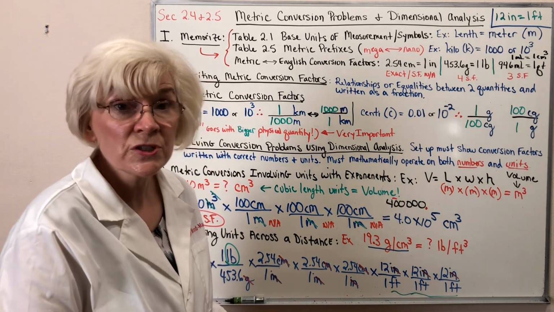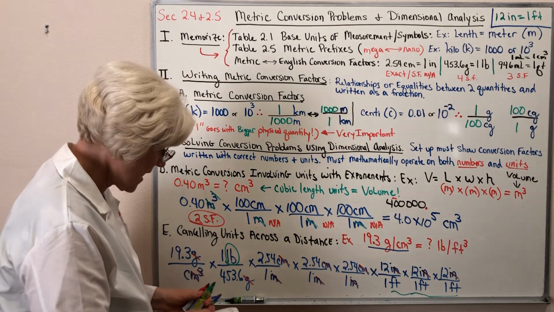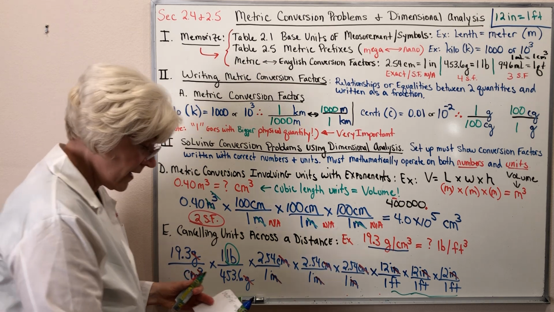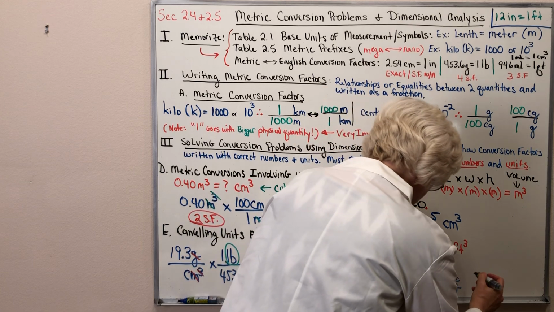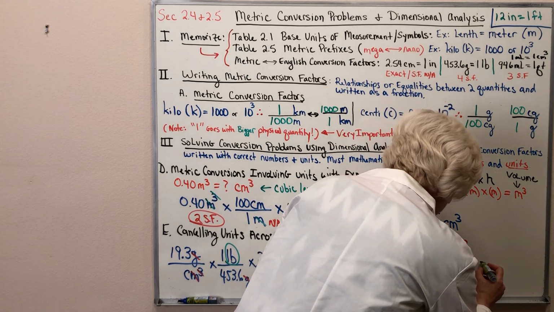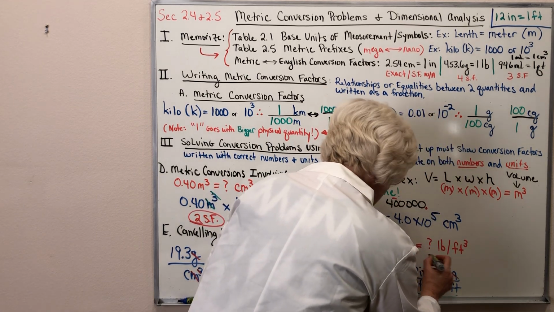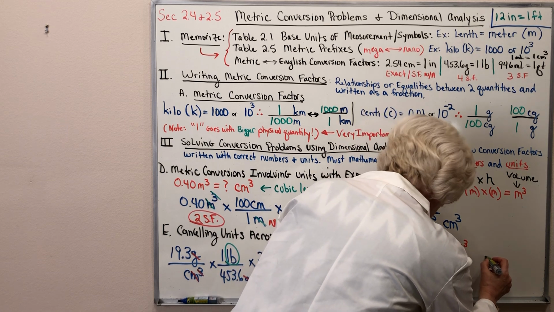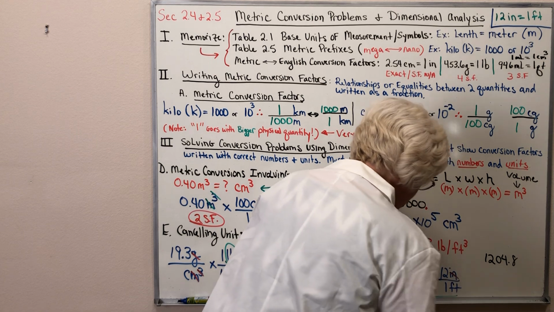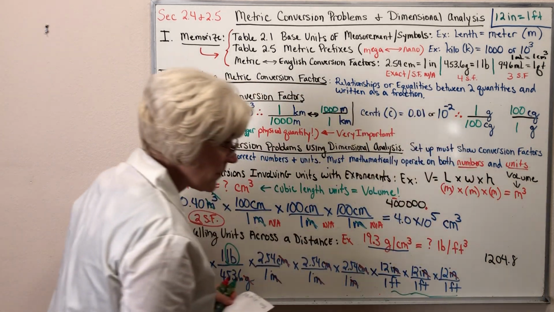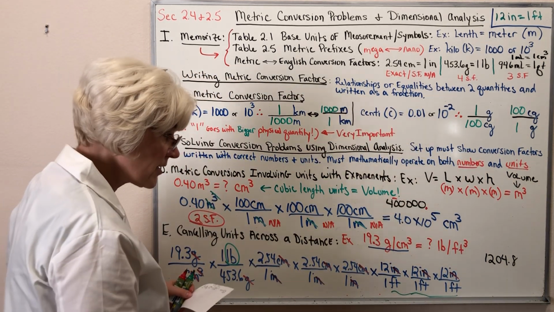And I've already double checked this, so I'm not going to take the time right now to do that. And here's what my calculator showed when I operated on this. It gave me a value of 1204.8. And of course the units are pounds per cubic feet, but we'll write that in later.